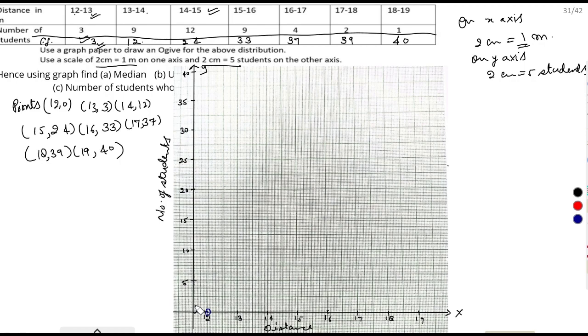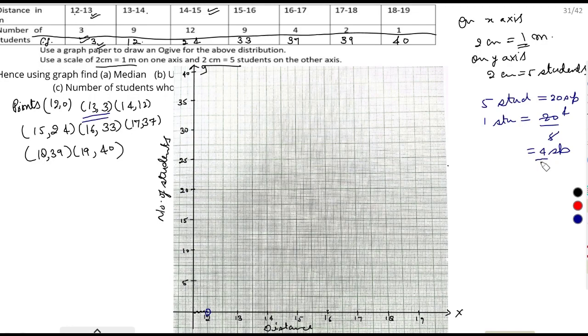On y-axis 5 students is equal to 20 small parts, 2 centimeter. It means one student will be equal to 4 small parts. We have to show 13 comma 3.